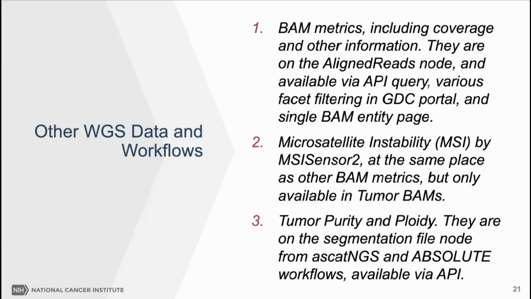They are also saved as properties of the BAM file, so you can expect to see them in the same place as the BAM metrics. That means the API, some of the facet search, and the BAM metrics table. Just note, we only run these pipelines on the tumor BAM only, so you won't see these values for a BAM that's from normal tissue.